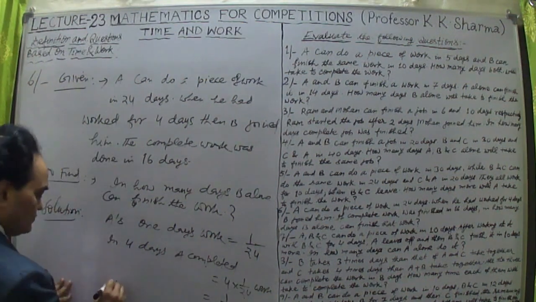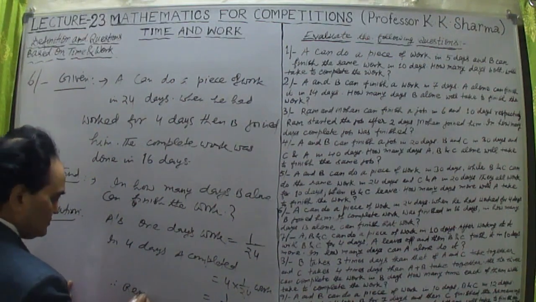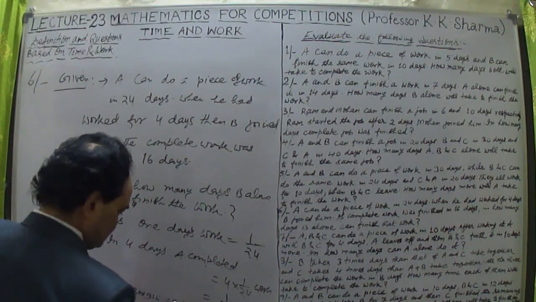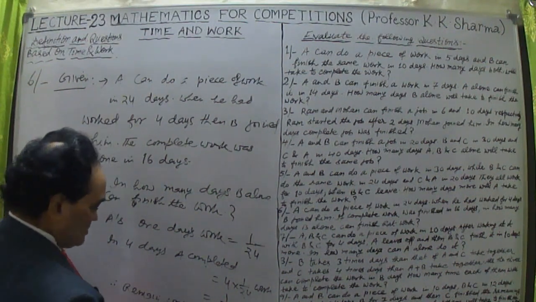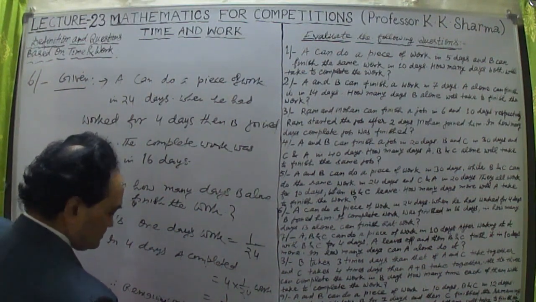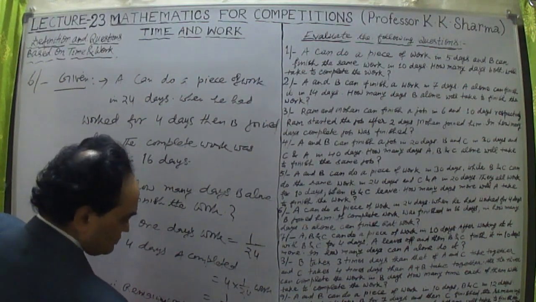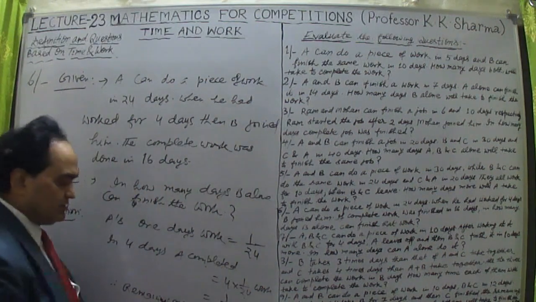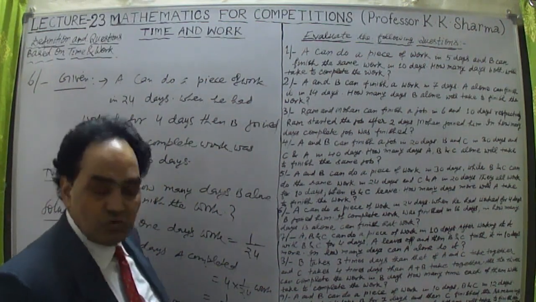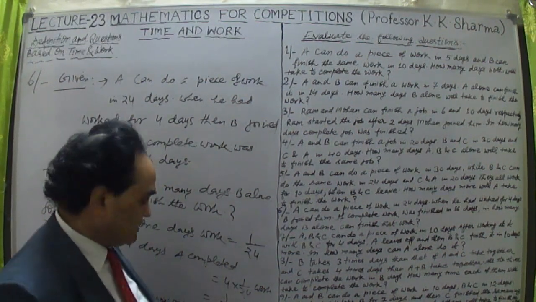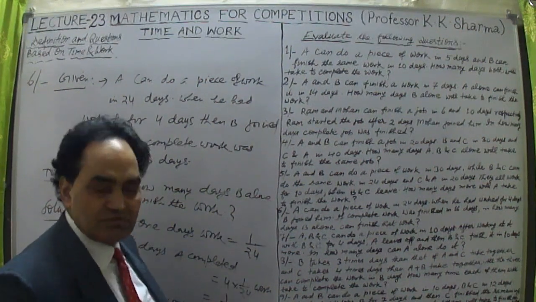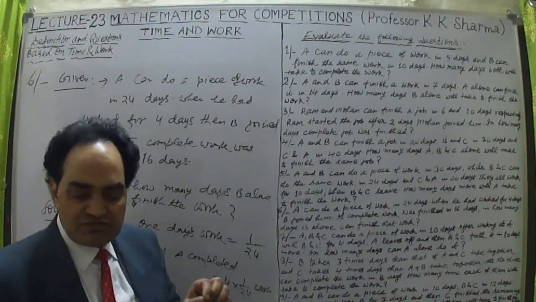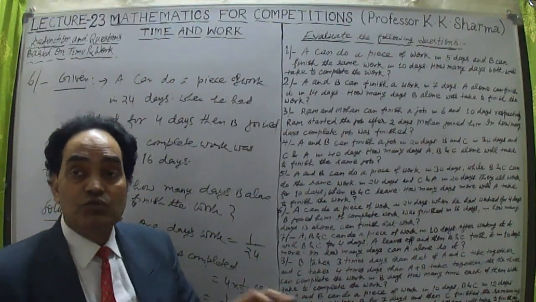What is the remaining work? Therefore, the remaining work is 1 minus 1/6, that means 5/6. 5/6 is the remaining work, because 1 minus 1/6, LCM 6, 6 minus 1 is 5 in the numerator, divided by 6. So 5/6 is the remaining work, which is finished by A and B together.